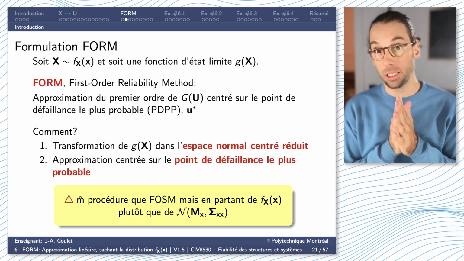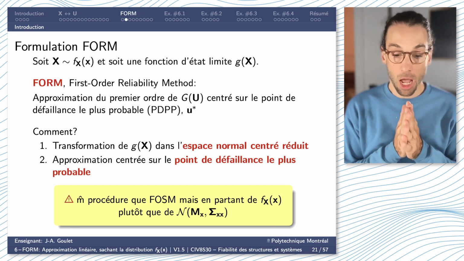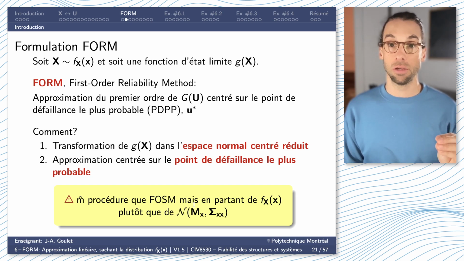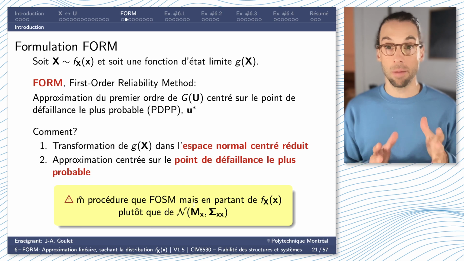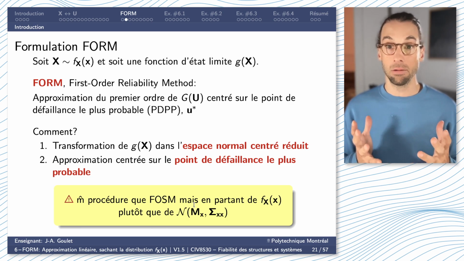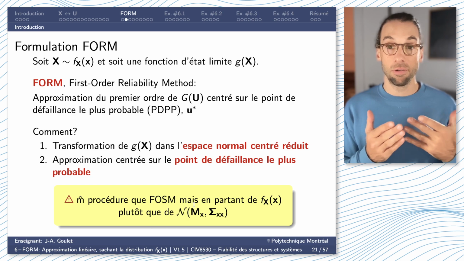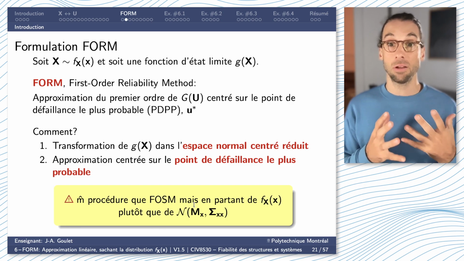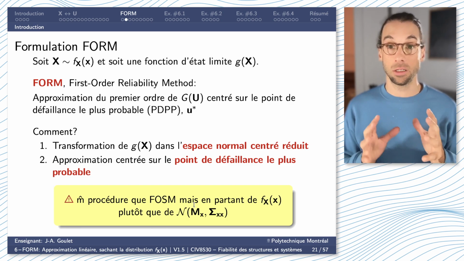When we saw this in module 5, we were assuming that the joint PDF here was multivariate normal. In this case, we're not going to do that simplification anymore. We can admit any joint PDF for our formulation, and that's going to be a lot more representative of the distribution of my random variables. Because remember, in the context of reliability theory for structures, we're looking for fairly small probabilities of failure, in the order of 10 to the minus 4.